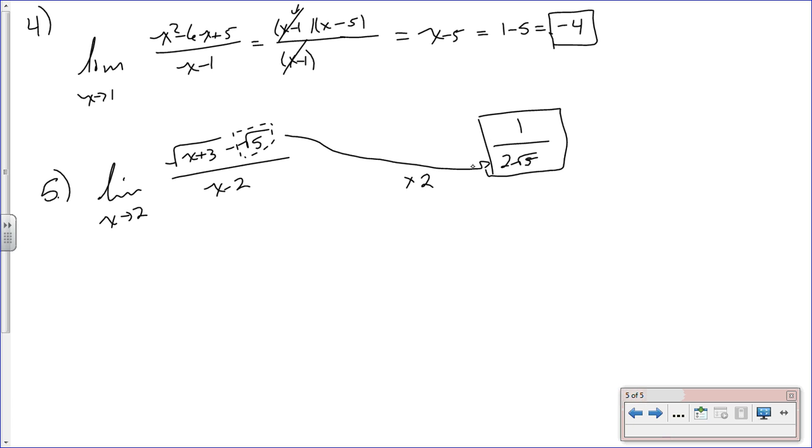But if you want to do it the long way, you could, but you don't have to. The long way is you have the square root of x plus 3 minus the square root of 5 over x minus 2. You would multiply this by the conjugate, which is simply changing the sign between the terms.